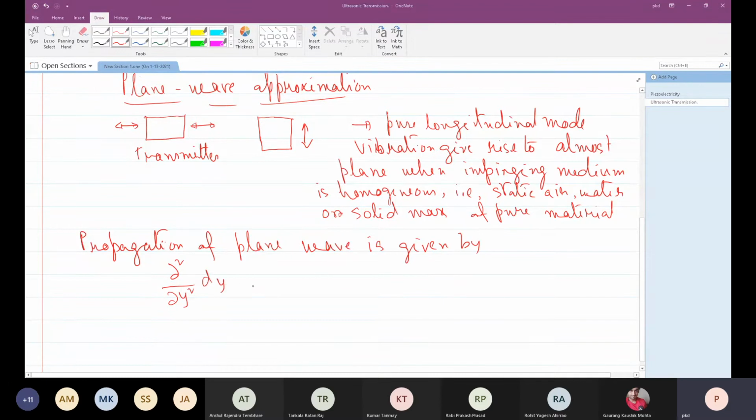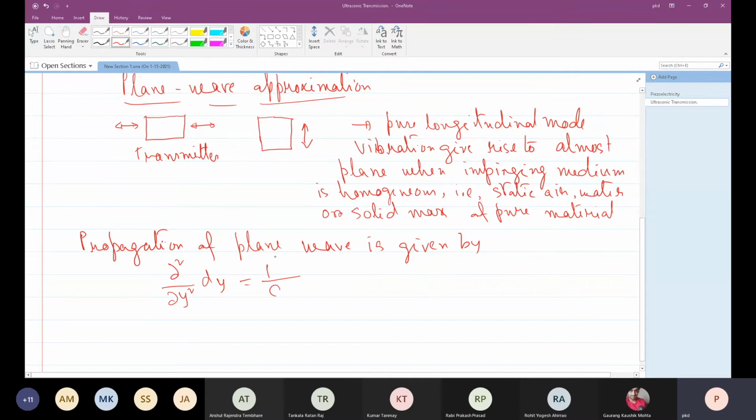D is the displacement. In case of electromagnetic wave, the displacement field is either voltage or current, and in case of sound wave, the displacement field is mechanical displacement.